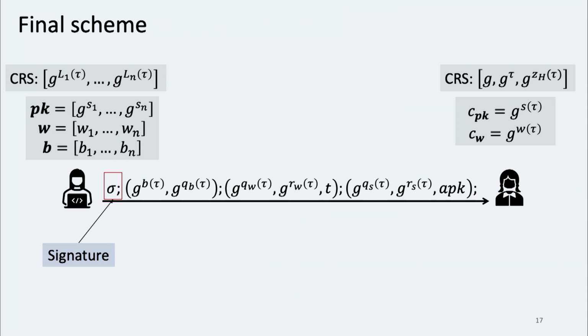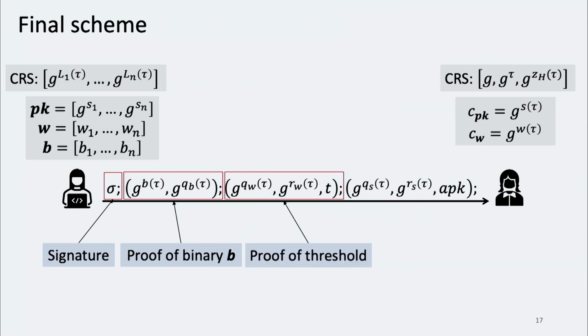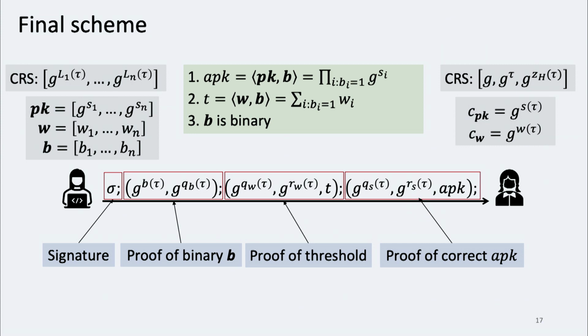There's a threshold combined signature, a proof that the B vector is binary, a proof that the threshold T is computed correctly, and a proof that the aggregated public key is computed correctly. So this goes back to these three things we want the aggregator to do and to prove that it did so correctly.